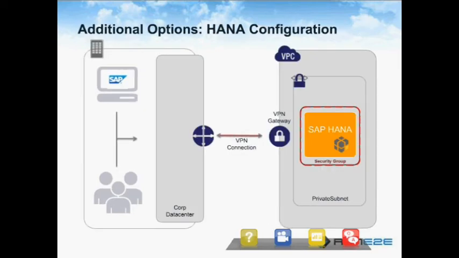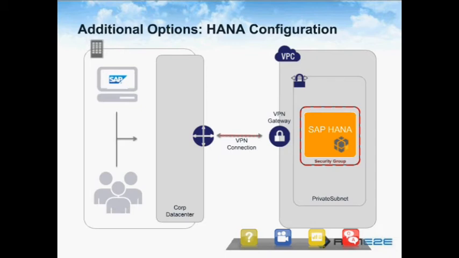Another scenario, and this is probably more of the commercial scenarios, is where I'm going to connect the HANA system to my back end. I have two options for connecting it, and by my back end I mean your corporate enterprise. Amazon, very quickly, in the whole environment that you purchase from them, you can buy a HANA system, you can put your Business Objects system out there, you can put your SAP ECC system out there, and very quickly through a VPN connection, you can connect your whole data center to the Amazon cloud.